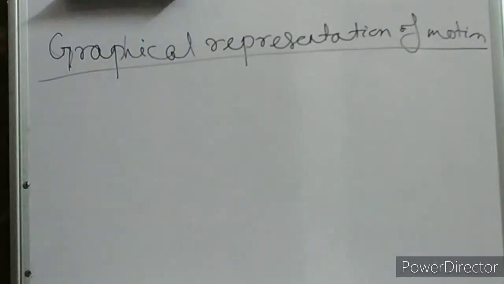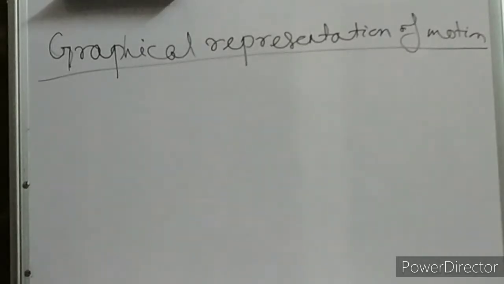So to describe the motion of the object, we are discussing the motion. This chapter is all about motion. So to describe the motion of an object, we can use line graphs.